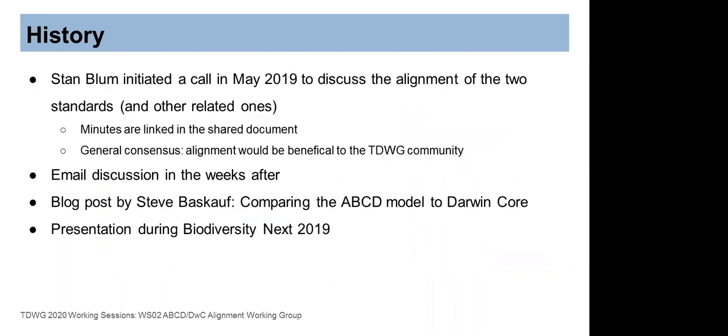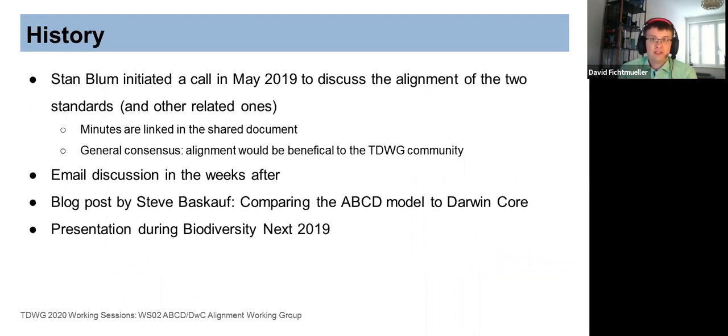So with this setting, Stan Bloom initiated a Zoom call in May of last year to discuss the alignment of those two standards and other related standards with a group of people who are heavily involved in the TDWG community, but also a bit beyond. And it was a really productive meeting.